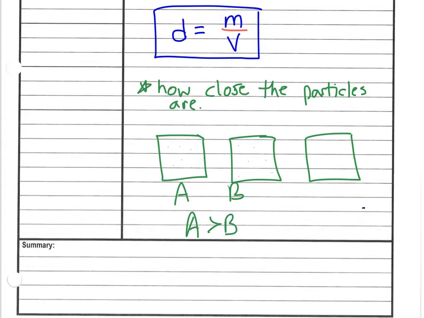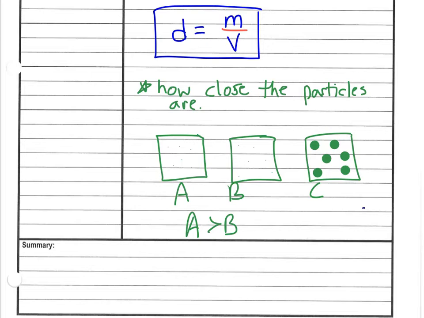Now if I draw another picture with some bigger particles, let's see what these look like. And I've tried to draw them in about the same spot as I did in B so that I can make a point here.